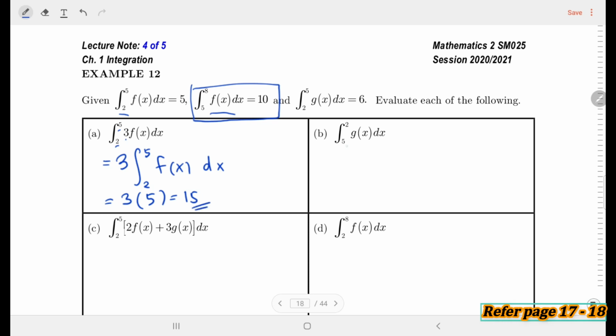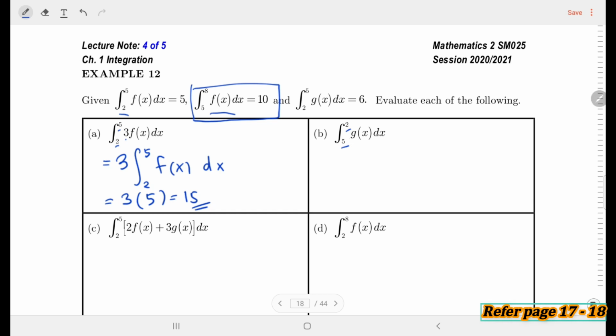Next, part B, from lower limit 5 to 2. This is quite confusing, because we know that the lower limit must be smaller than the upper limit, but this question asks from 5 to 2. So we use the property we just learned.